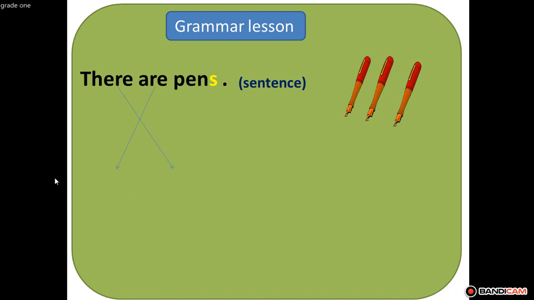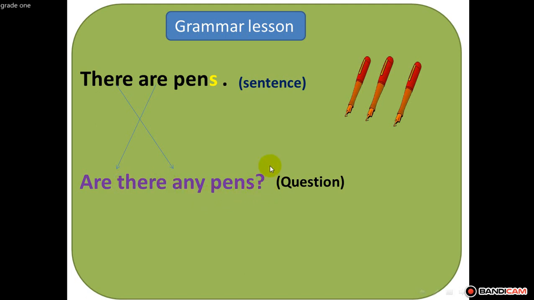If we want to make it a question, we have to start with are. As long as we start with are, this is a question. So we say, are there any pens?